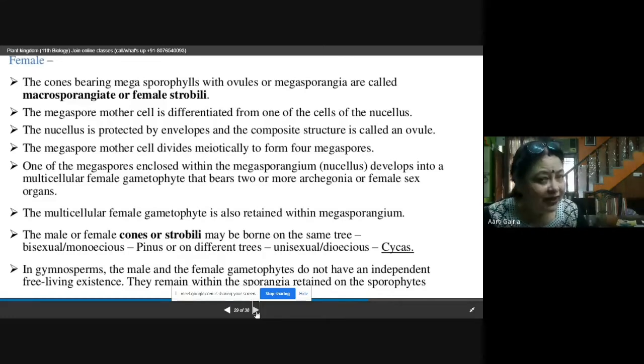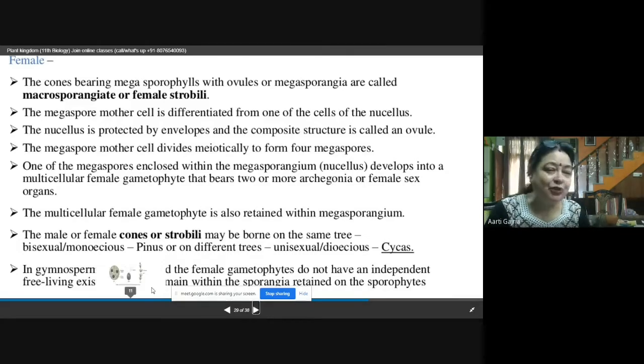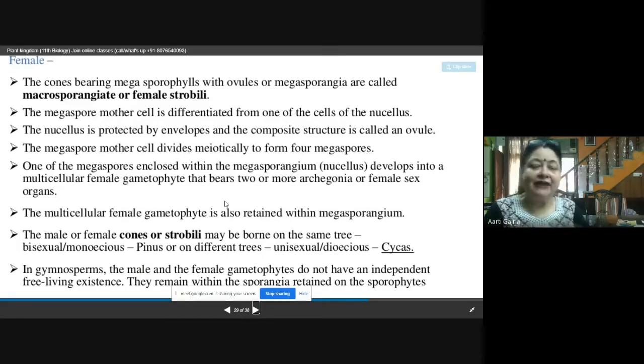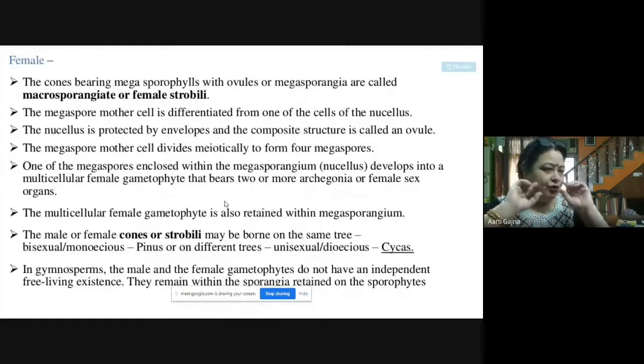Now, this megaspore mother cell will undergo meiosis cell division to produce megaspores, which are the female gametes. The nucellus is protected by envelopes, and the composite structure is called an ovule. So, what is an ovule? An ovule has a few envelopes around it to protect.